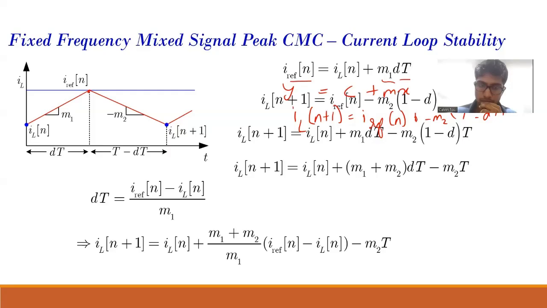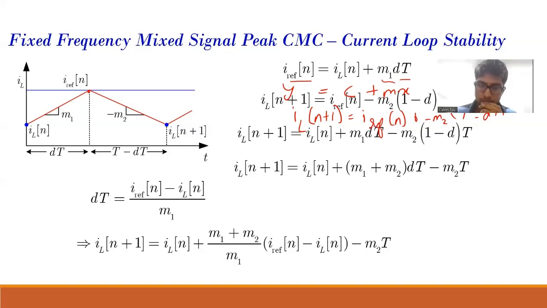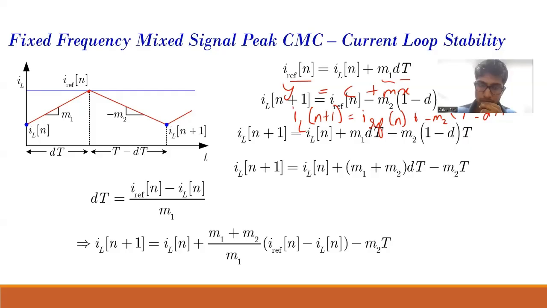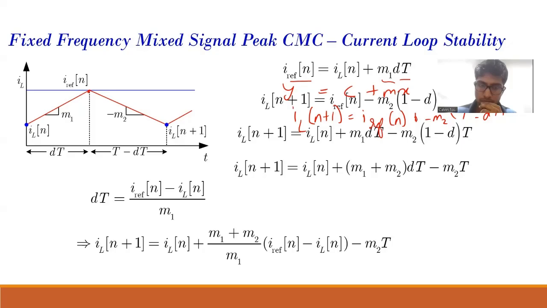If we take the Z transform of it, this will be Z into IL perturb of Z equal to IL perturb of Z plus M1 plus M2 divided by M1 into IRF perturb of Z minus IL perturb of Z. So I take all the components of IL perturb of Z to one side.